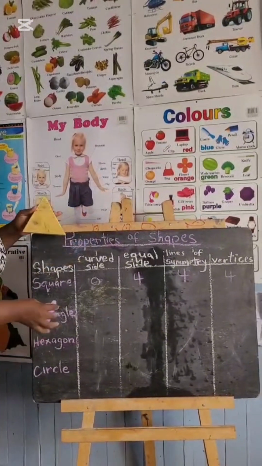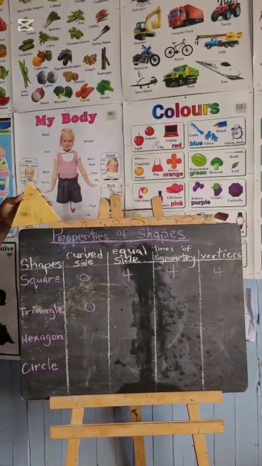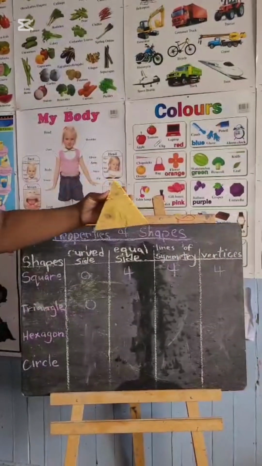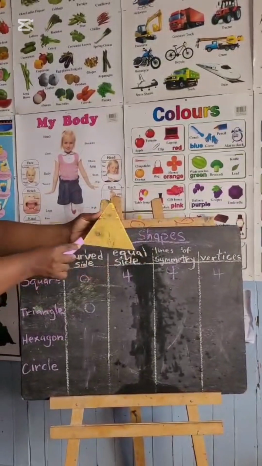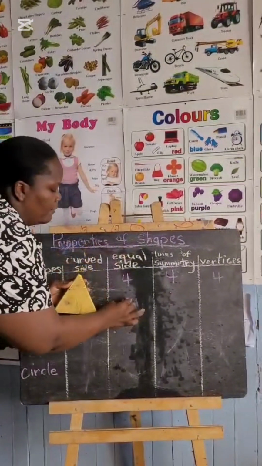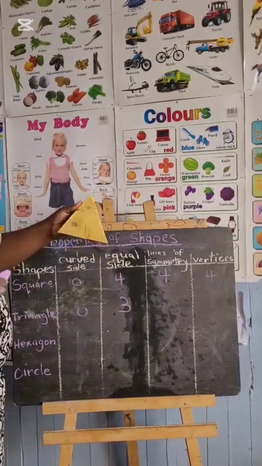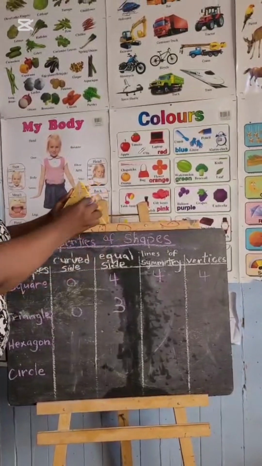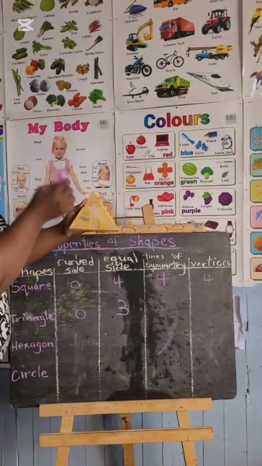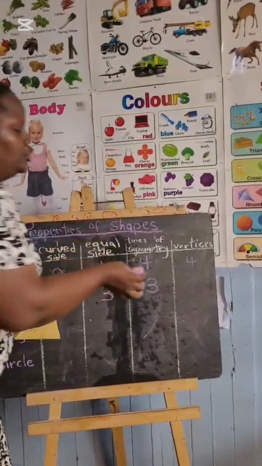So we know that there are 0 curved sides. So how many equal sides does the triangle have? Let's see. 1, 2, 3. So we have 3 equal sides. How many lines of symmetry? Let's go. 1, 2, 3. So we have 3 lines of symmetry and 3 vertices.